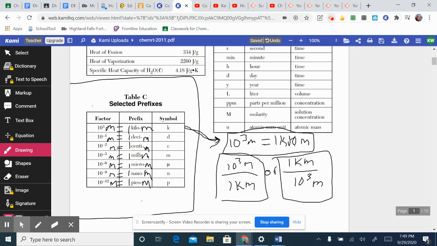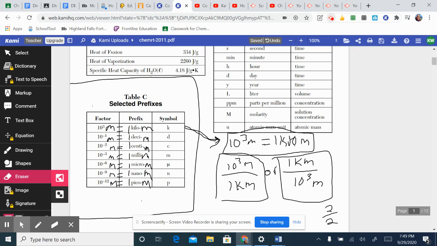And it makes sense that you can write it either way, because 10 to the third meters equals 1 kilometer. So it's saying like 2 equals 2. Doesn't matter which 2 you put on top if you're doing 2 divided by 2, because they're the same thing. Even though the two parts look different, they mean the exact same thing. So you can write either one on top or on bottom.